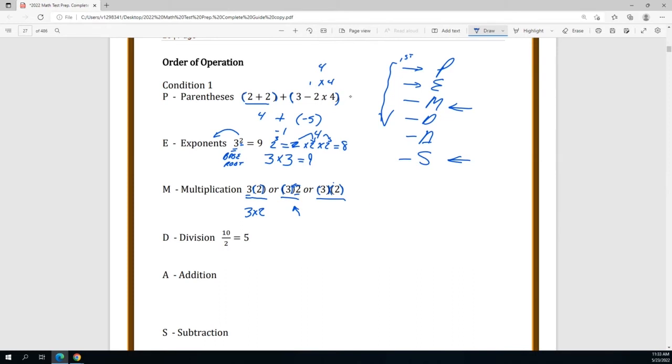All of these are examples of showing multiplication in an algebraic way. If I want to write 4 times 2, I can write it like this, or like this, or like this. All of these are the correct way to show 4 times 2. The next one, division. Division is shown like this. Some people will call this a fraction bar. I normally don't.